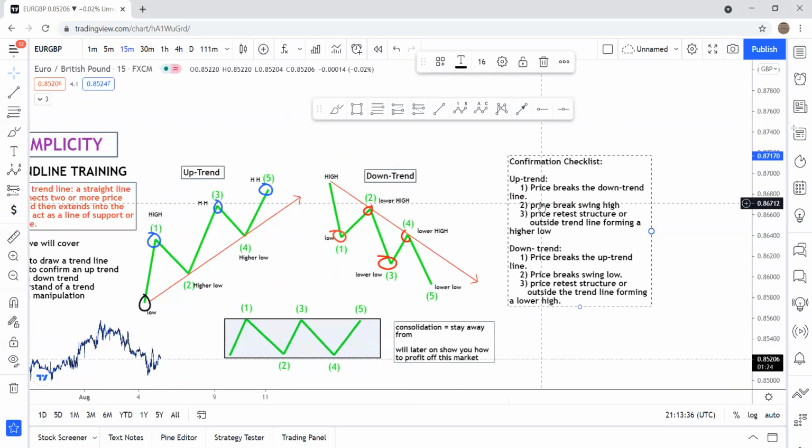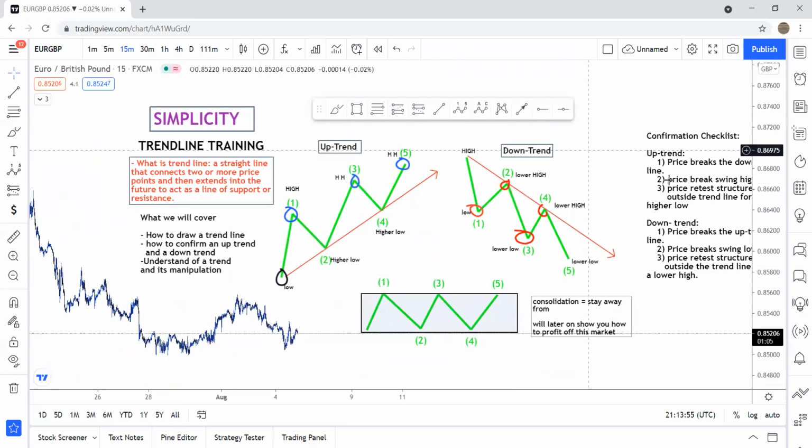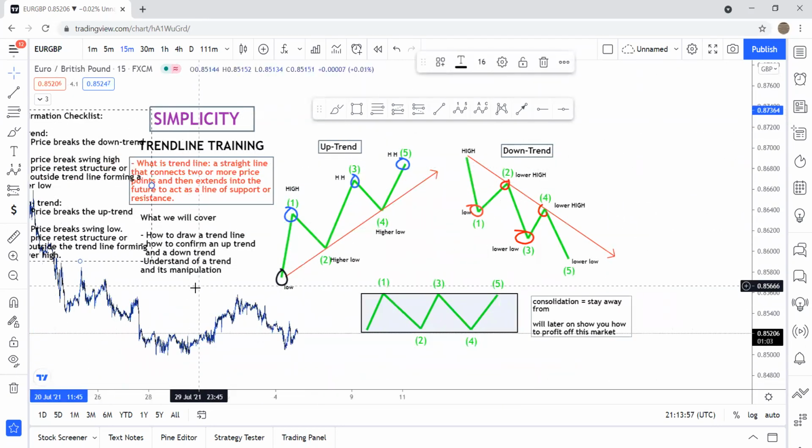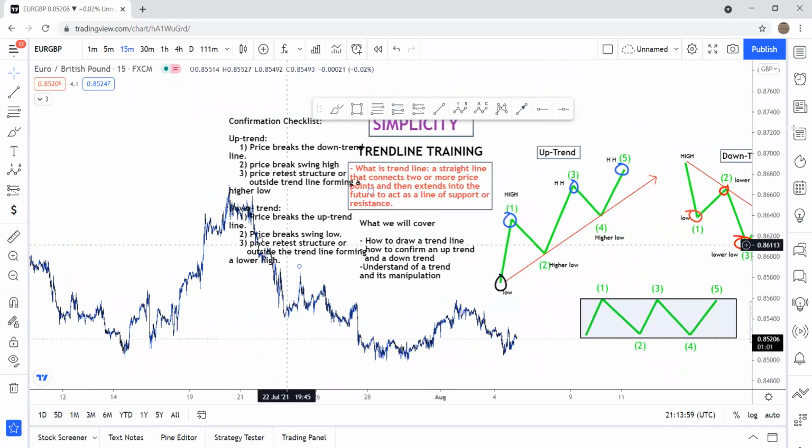Confirmation one is that you need price to break that downtrend line. For an uptrend, you need price to break the downtrend line. You need price to break the swing high, and then you need price to retest the structure or outside that trend line. So let's look at that on the live market and go step by step.